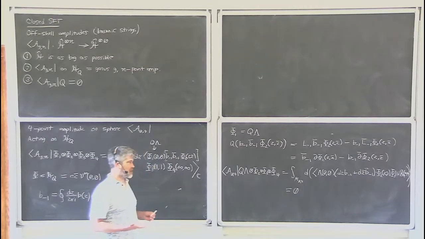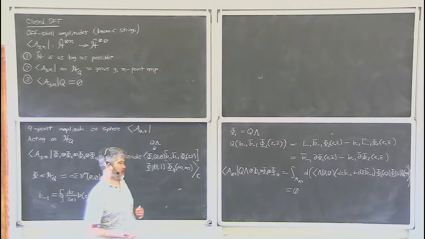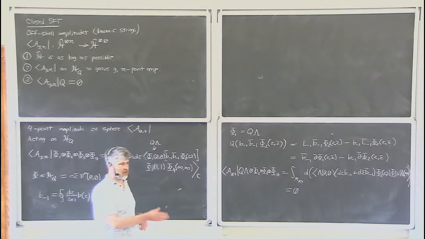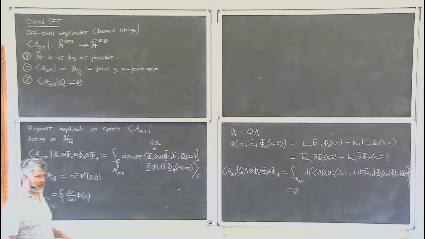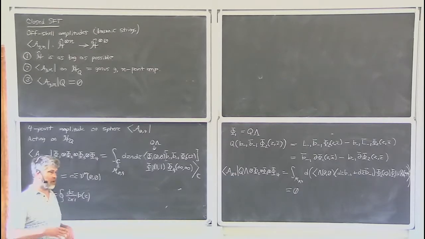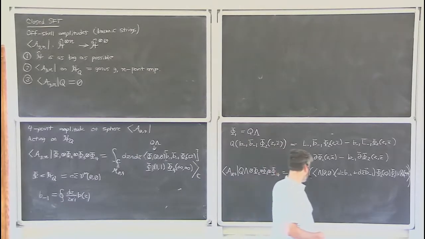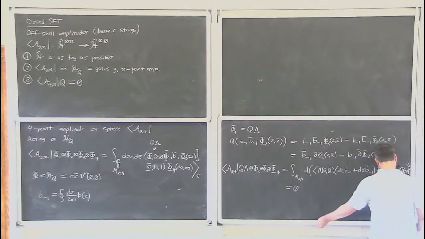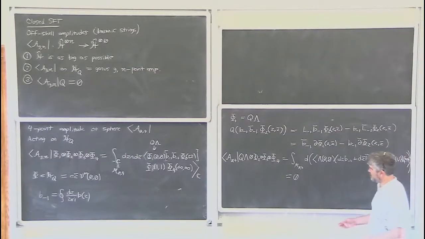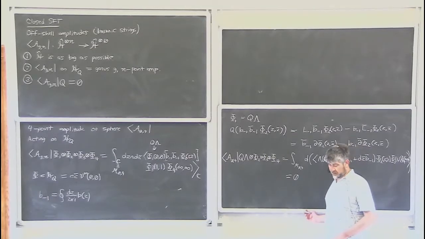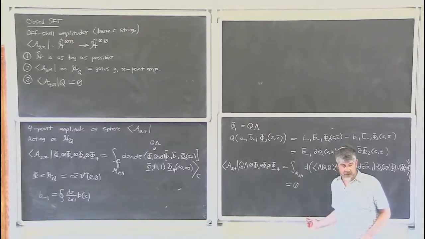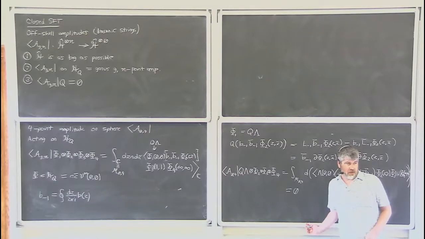But these divergences are functions of the momenta, okay? And you can continue to a kinematic region where they are vanishing, and then analytically argue that they vanish, analytically continuing back.